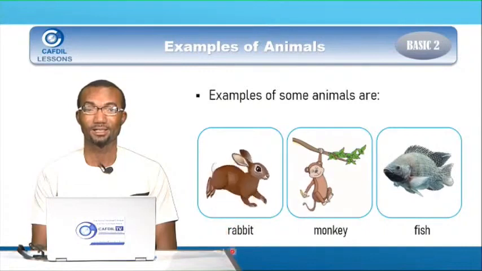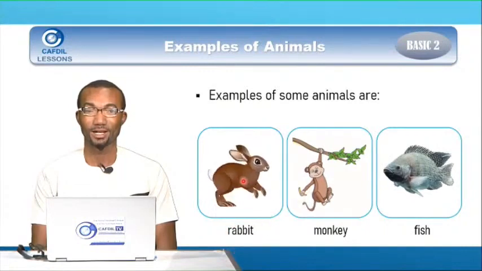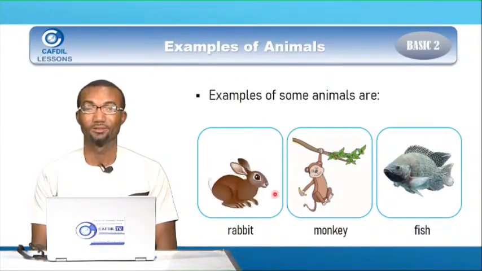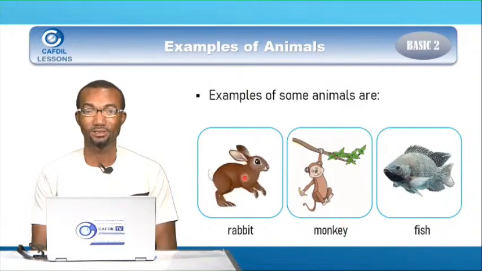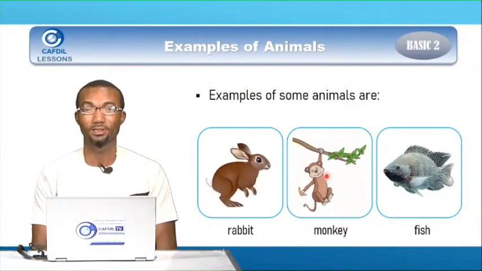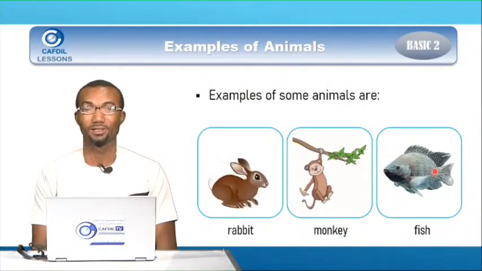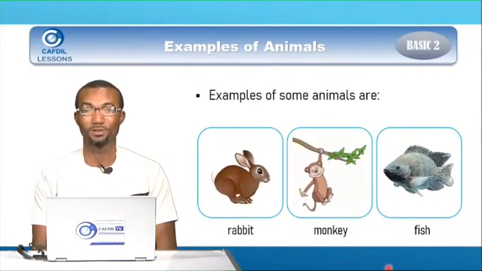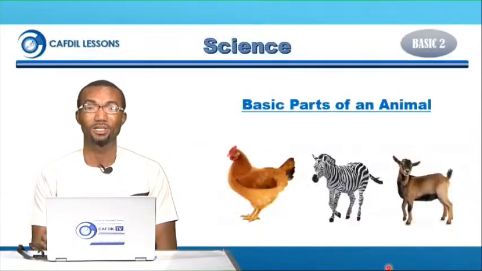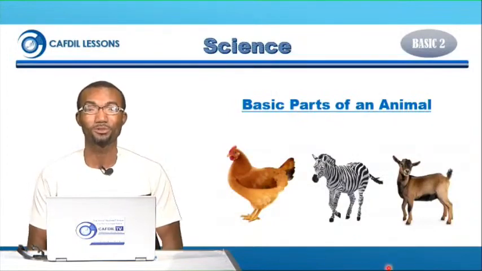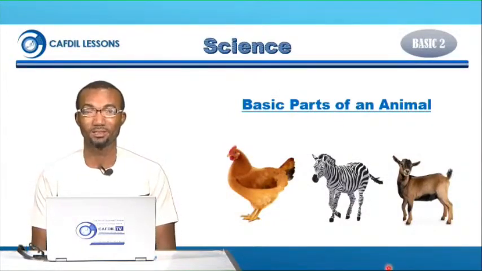Let's look at another set. We have rabbit, monkey, and then fish. They are also examples of animals. So kids, we have gone through some examples of animals.